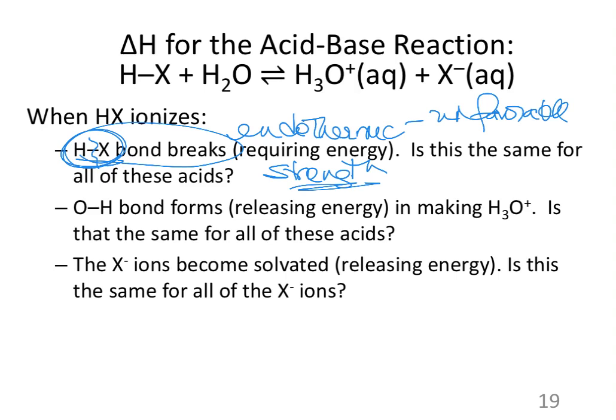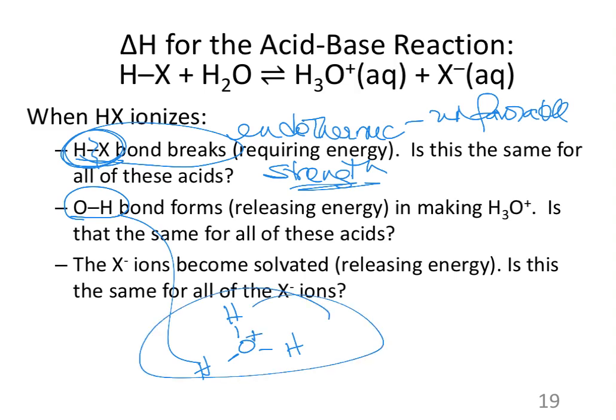Now, what about bonds that we make? The only bond we make is an oxygen-hydrogen bond when we make the hydronium ion. So it goes from water, then we add a third hydrogen ion, and we've made hydronium ion. So we've made one new bond, and making any bond is an exothermic process. It is favorable in nature. It releases energy.